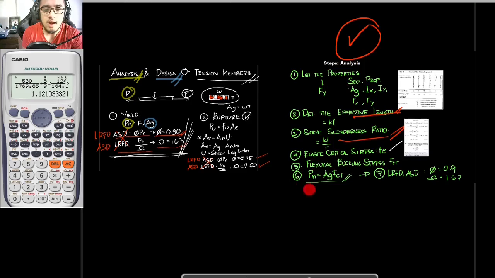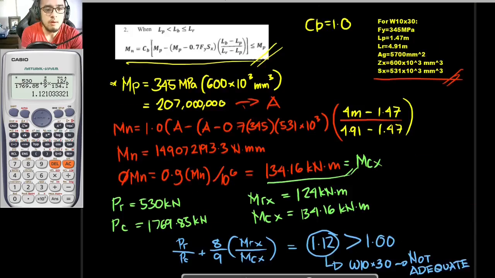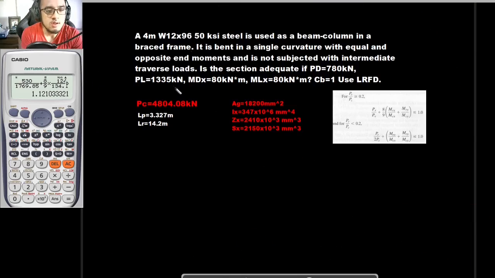Your Pn right here multiplied by phi or divided by omega is to be your PC. As well as for your LP and your LR. Itong LR na to, ito yung medyo mahaba-haba, ito yung may J, ito yung may C, and whatsoever. And itong LP na to, that is to be 1.76 Ry times the square root of E over Fy.